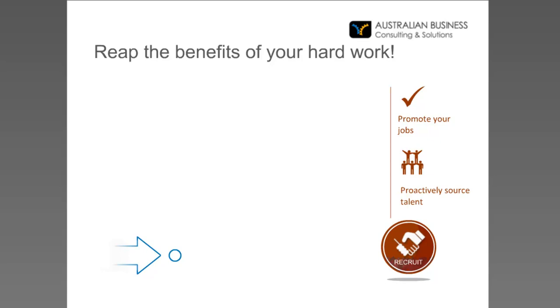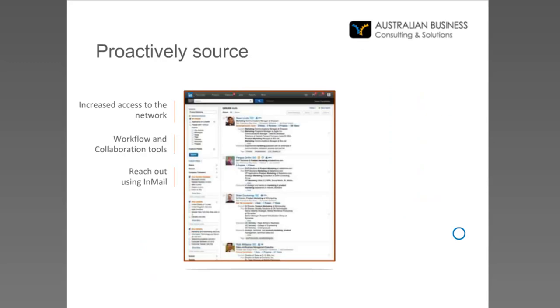There's also some things that you can do both with your free LinkedIn.com account and also with some of our paid services that's going to allow you to proactively source talent. So you can definitely start to get those inbound applications coming through, but you might want to go out and actually look for people, tap them on the shoulder, start talking about your organization, and have the conversation progress from there.